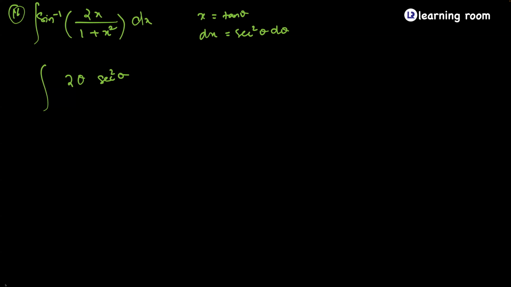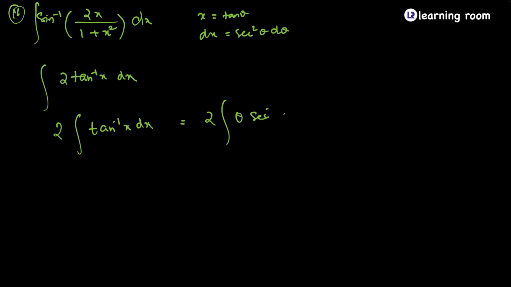Yeah, 2 tan inverse x, you can directly put it. When you put 2 tan inverse x dx, the only challenge is you don't have the derivative for tan inverse. Right, 2 times integral of tan inverse x dx, what you need to do. See, actually, how many of you did this problem? Actually, sorry, it is 2 times integral of tan inverse x dx.